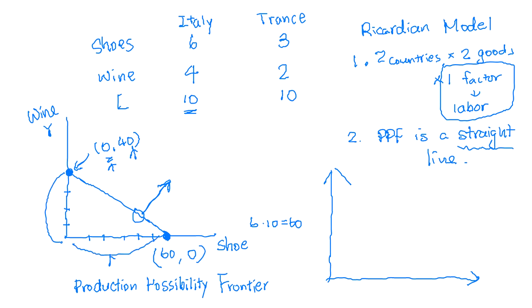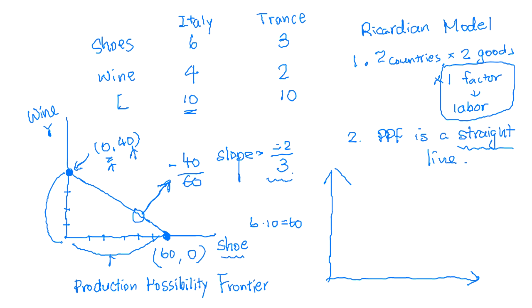Here, the rise is equal to 40, and the run is equal to 60. But remember that because this is a negative slope line, mathematically you should write it with a negative sign. What does this mean? If you want to produce an additional pair of shoes, how many bottles of wine do you have to give up in Italy?